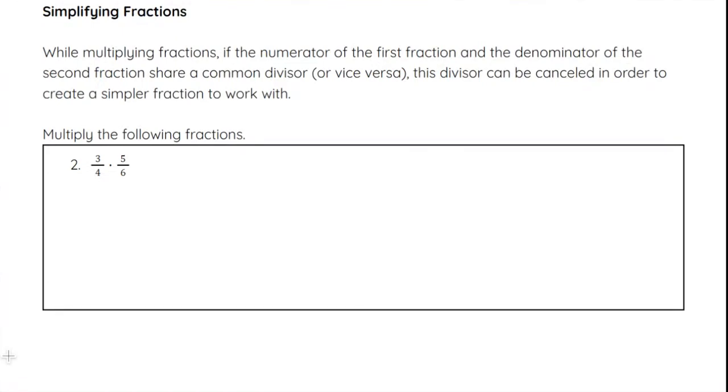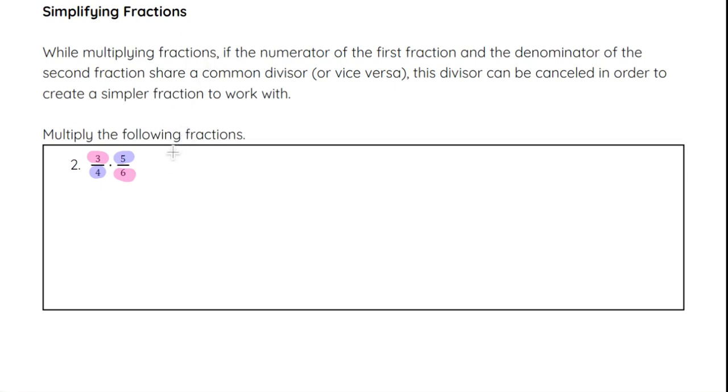Now, sometimes we can actually simplify fractions or factors on top and bottom of the fractions when we are multiplying. This only works the way that we're going to do it when we are multiplying fractions, so be careful of that. If the numerator of the first fraction, which is the 3 right here, and the denominator of the second fraction share a common divisor or vice versa, or if 4 here and 5 here shared a common divisor, meaning a common factor, a number that can be divided into both of those evenly, then those factors can be simplified to create smaller numbers to work with, which might make it easier to multiply.